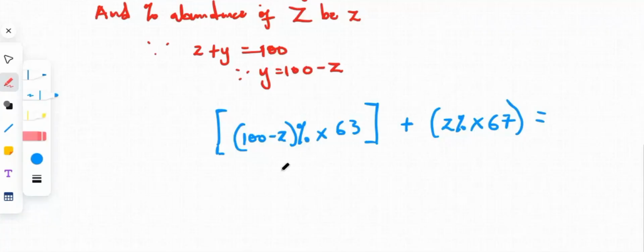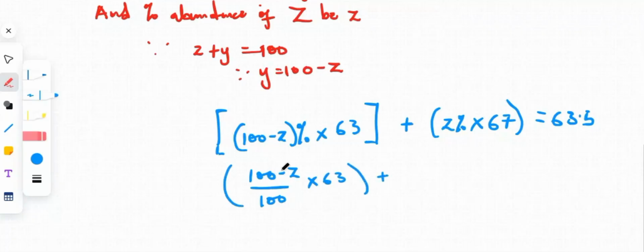And what is our relative atomic mass? Our relative atomic mass is 63.5. Are you there? So let's solve. So now 100 minus z all over 100 times 63, plus z over 100 times 67 is equal to 63.5.